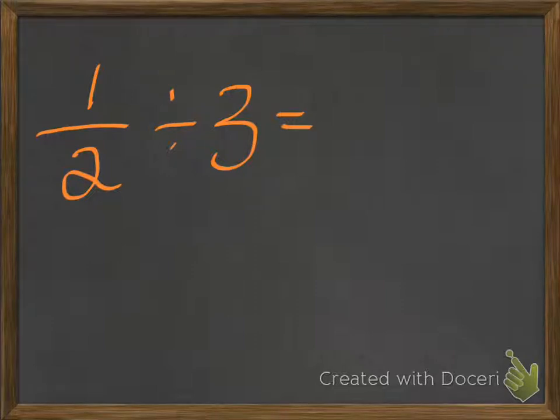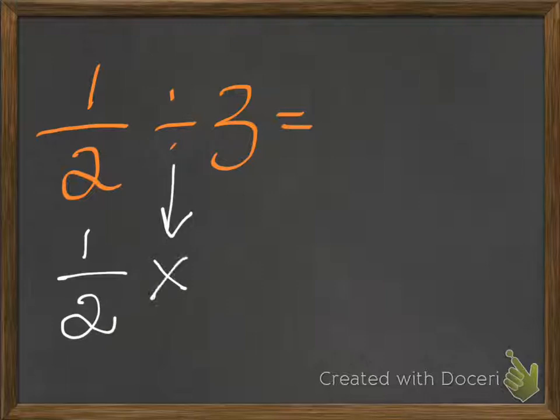The problem looks like this. 1/2, so that was half the casserole, divided by 3 people, and we figured out that that's going to equal 1/6. It's very similar to what we did yesterday. So we're going to take the fraction 1/2, and instead of doing division, we are going to multiply and do the inverse operation, and we are going to find the reciprocal of 3.